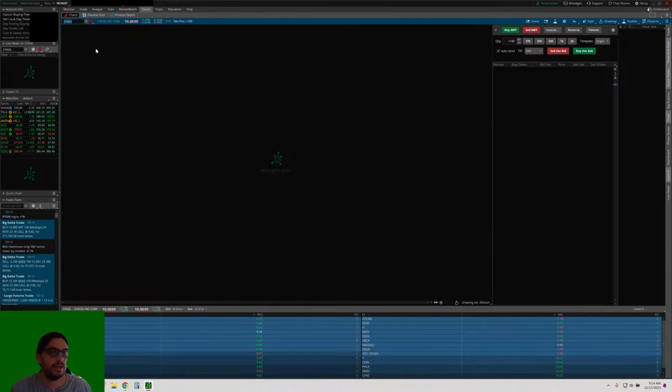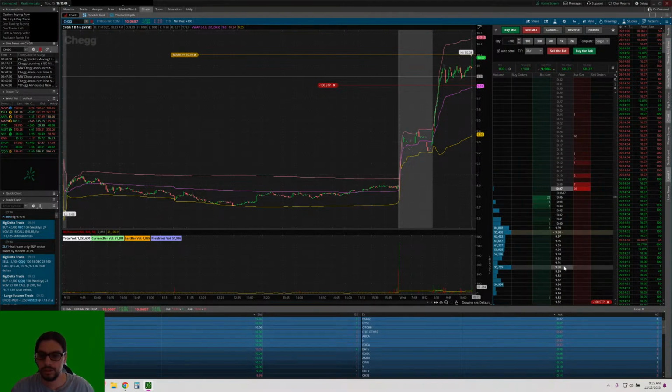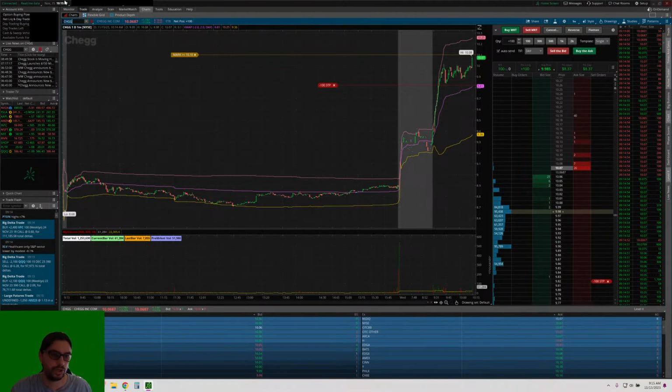CHGG definitely made the initial climb. Boom, bada bang. Beautiful. We're not going to worry about moving the stop loss up. We're just going to let that go.